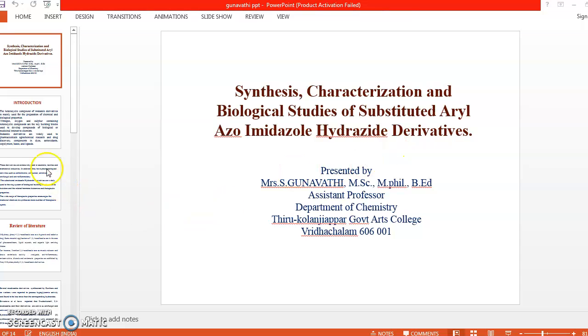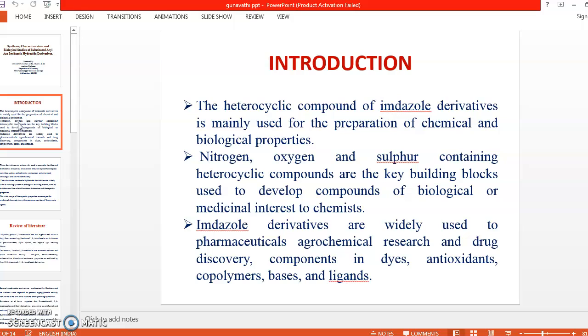First we see the introduction part. So what does the introduction say? The heterocyclic compounds of imidazole derivative are mainly used for the preparation of chemical and biological properties. Nitrogen, oxygen and sulfur containing heterocyclic compounds are the key building blocks used to develop compounds of biological or medicinal interest to chemists.